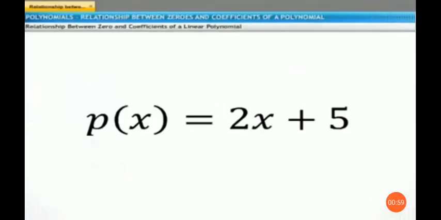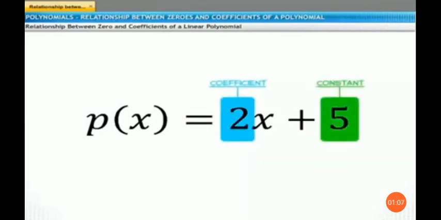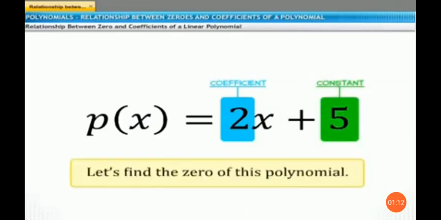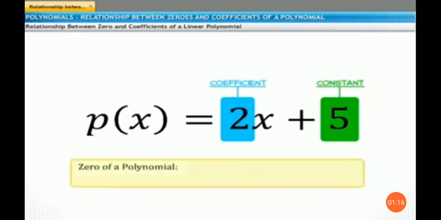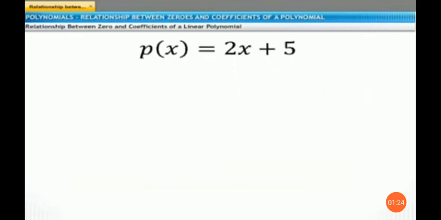Let us consider the linear polynomial 2x plus 5, where 2 is the coefficient of x and 5 is a constant. Let us find its zero. The zero of a polynomial is a real number k such that p of k is equal to 0.